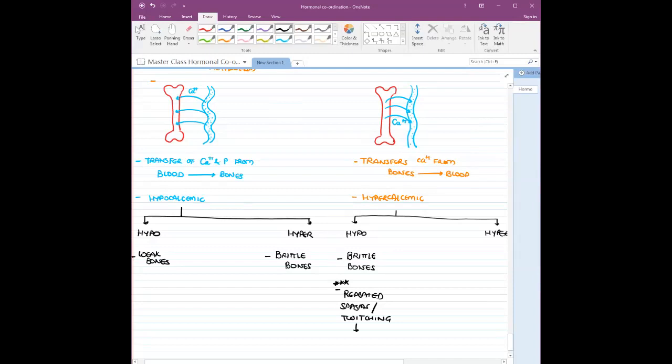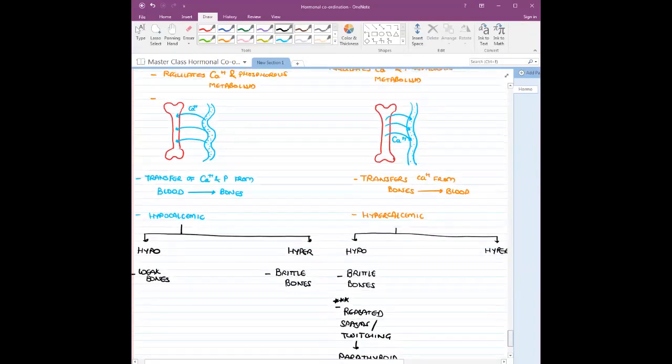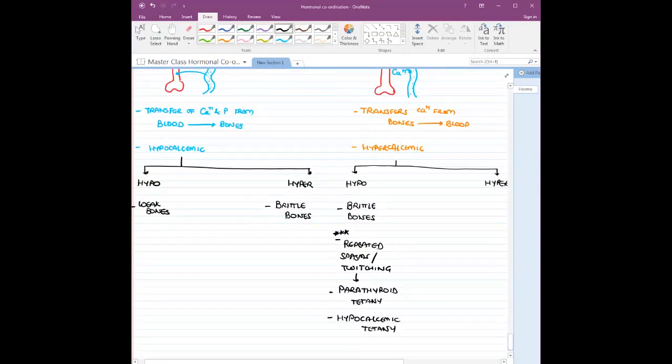This is called parathyroid tetany. This is known as parathyroid tetany, or because this has been triggered because of low levels of calcium, we also call this hypocalcemic tetany. First thing that we need to know. Guys, keep these terms in mind: parathyroid tetany or hypocalcemic tetany.